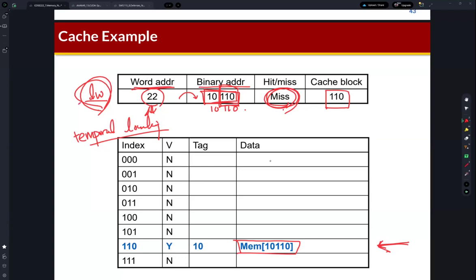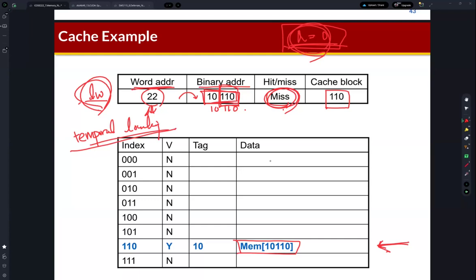For example, A equal 0 is executed in our program, which means that we want to access this data A, but this data is not found in the cache. So we load this data, and we can expect that in the near future, this data will be used, because of temporal locality.